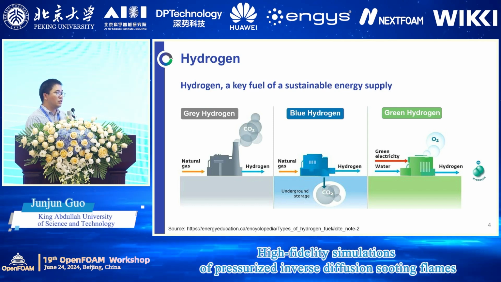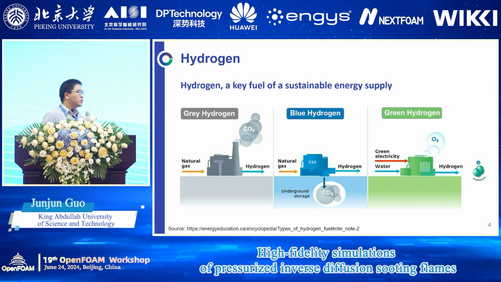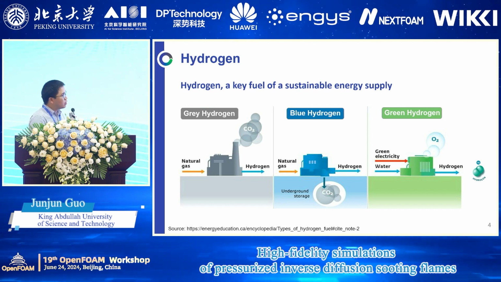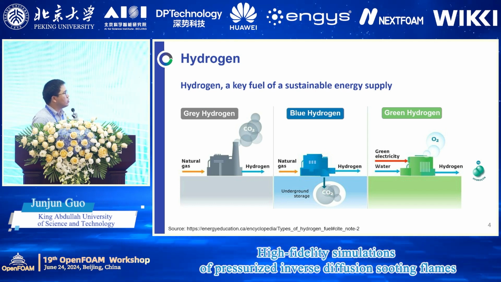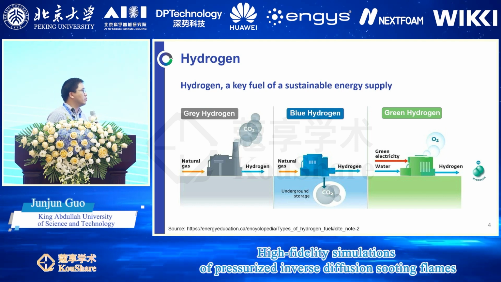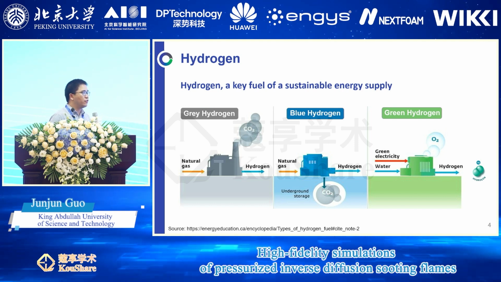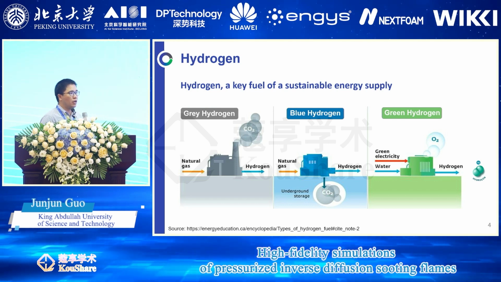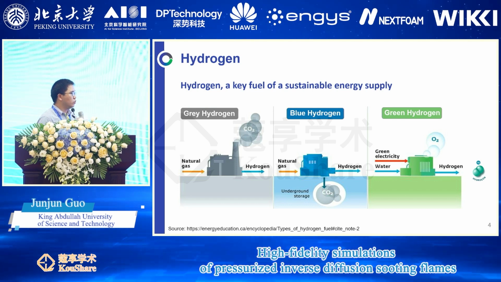Based on their production resources, it can be classified by different colors, like green hydrogen and blue hydrogen. For the green and blue, they are using fossil fuel, for example natural gas, and the difference is how the CO2 is treated.